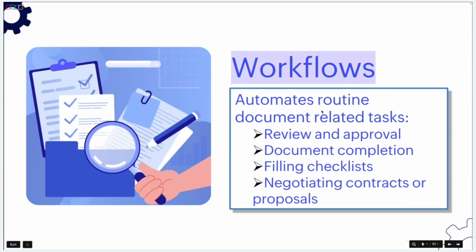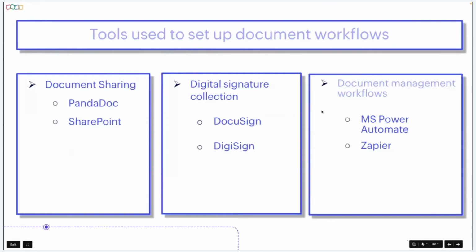In Writer, you can simplify it and use just a single tool to perform all these operations. Here's a list of tools that people use to perform these operations. First, to share a document, users might be using PandaDoc or SharePoint. For digital signatures, they might be using DocuSign or DigiSigner. And to manage the workflows once the document is completed, they might be using MS Power Automate and Zapier.